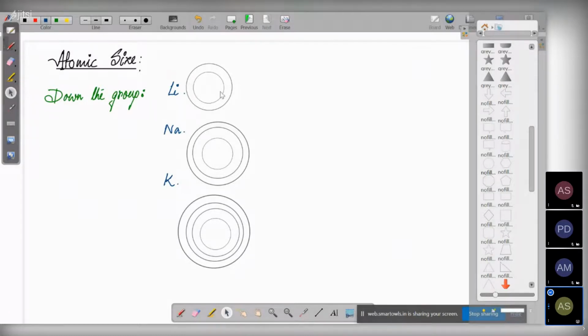So you see, compare the size for lithium with the size for sodium and potassium. So what happens on going down the group?